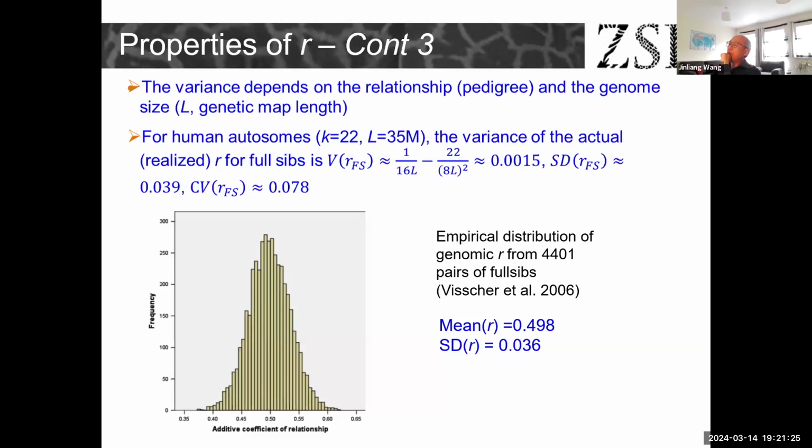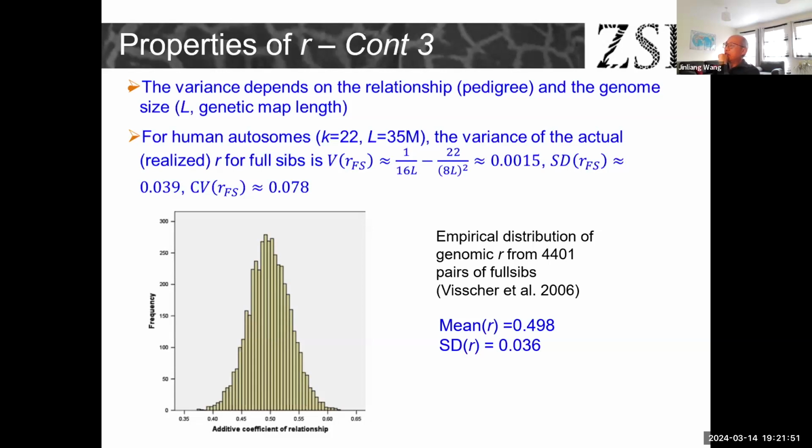Is it true? There is an empirical study conducted by Peter Visscher, and they looked at the relatedness between 4,400 full sibling pairs. And this graph shows the distribution of the estimated values among these 4,400 pairs. The average value of the realized genomic relatedness is 0.498. It is very close to the truth, that is 0.5.